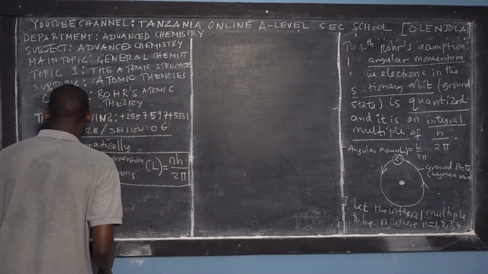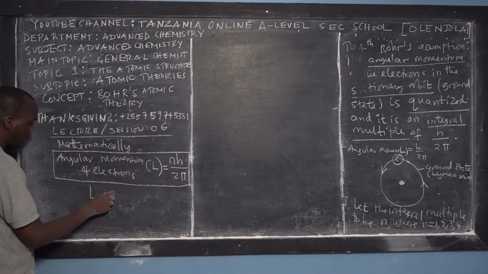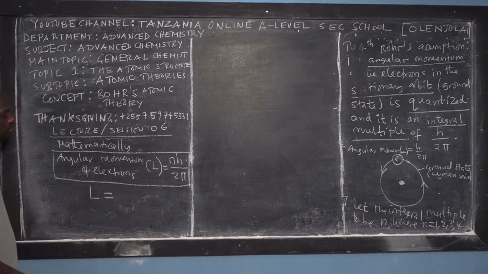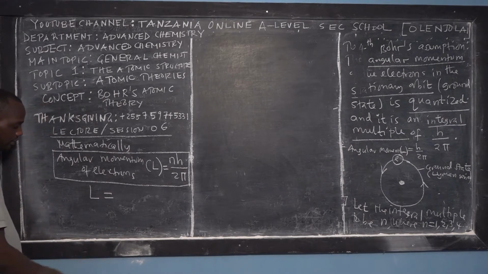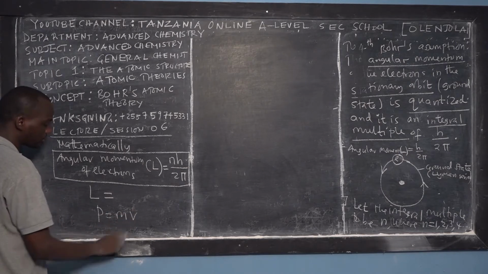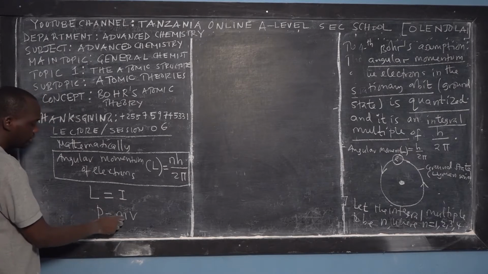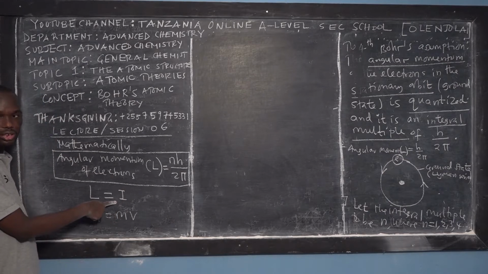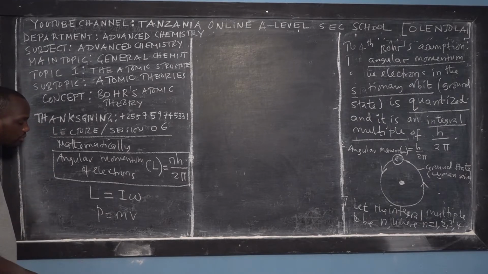From concepts of circular motion and rotational dynamics, the formula for angular momentum is just like in the case of linear momentum. Linear momentum is mass times velocity. Similarly, in rotational and circular motion, instead of mass we have moment of inertia, times angular velocity.